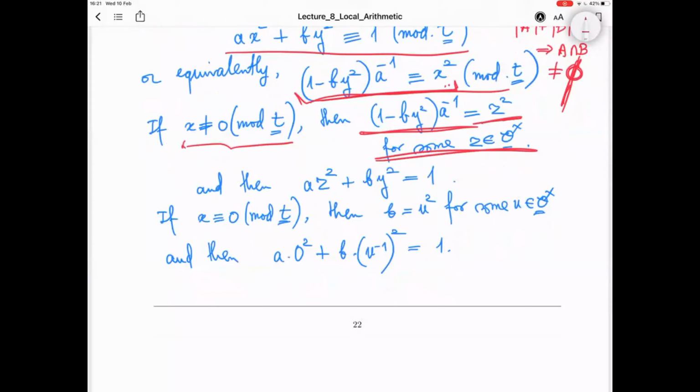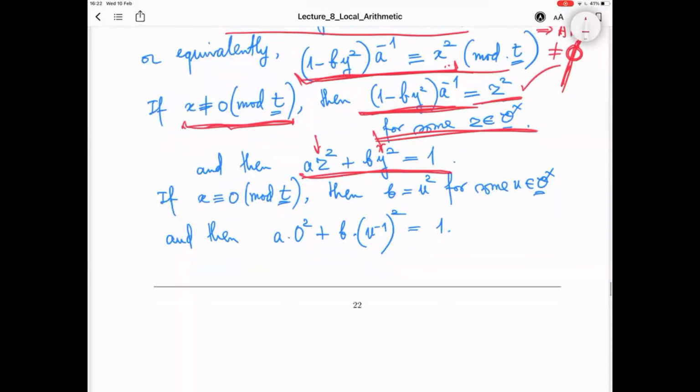If x is not congruent to 0 modulo t, then this thing is a square modulo t here, and therefore it's a square in O star. And then I'll get this equation. So there is a pair such that this equation has a solution.